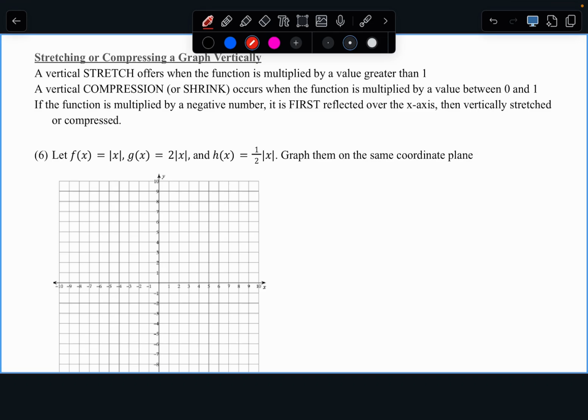Stretching or compressing. It all comes down to the number that is outside and in front of that function. It is a stretch when a is greater than 1.